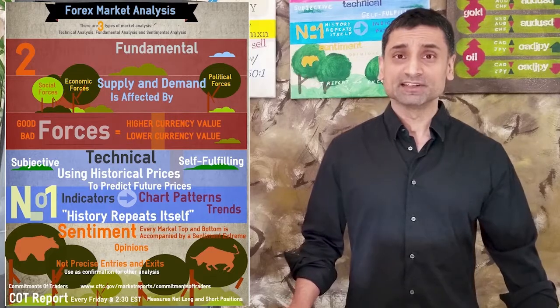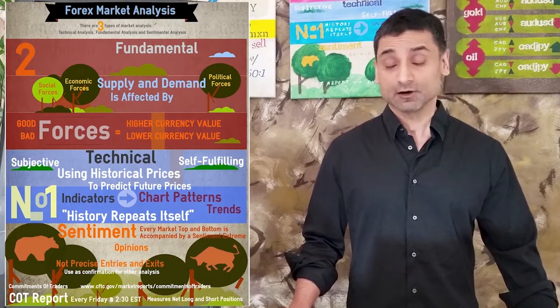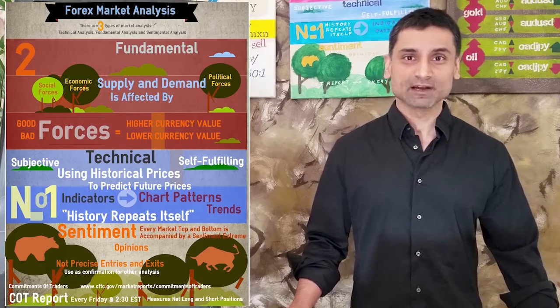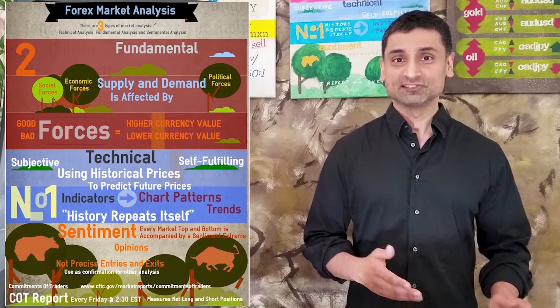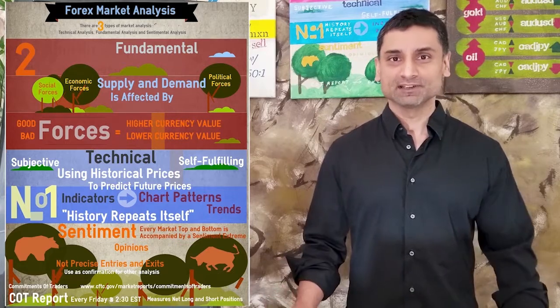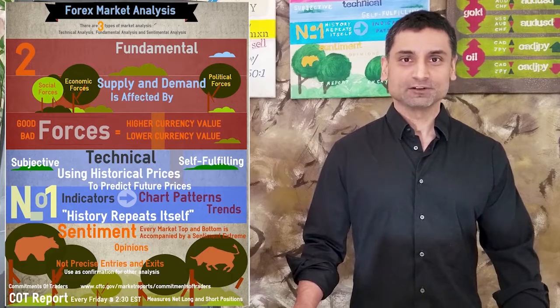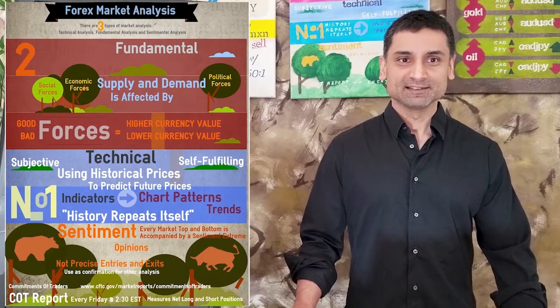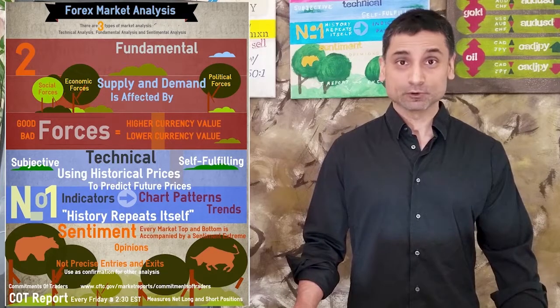So you could say technical analysis is a probability analysis. It doesn't always work out, but it should work out more often than not. So the trader's asking, would the same thing happen if these conditions happened again? Also, most retail traders are technical analysts, and because of that, it makes this type of analysis more effective.